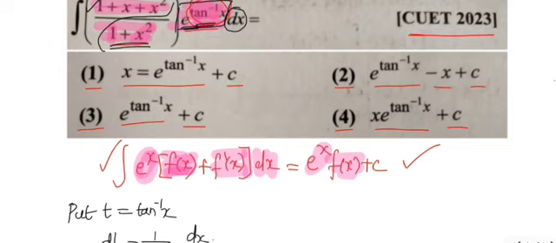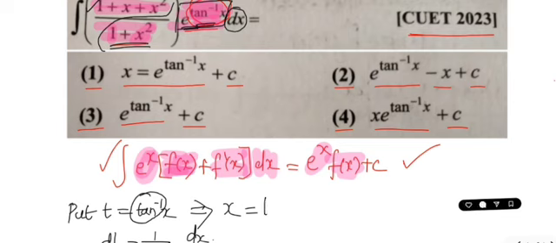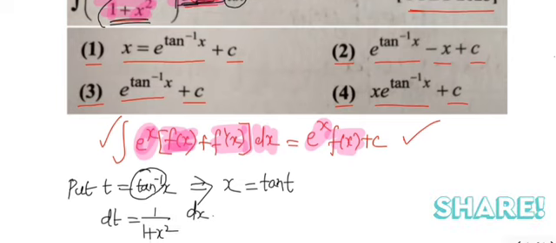There we need to substitute in terms of t. For that we are going to rewrite our tan inverse of x as x equals, this tan inverse if it moves to the other side, it becomes our trigonometric tan t. So this we can use for our 1 plus x square.